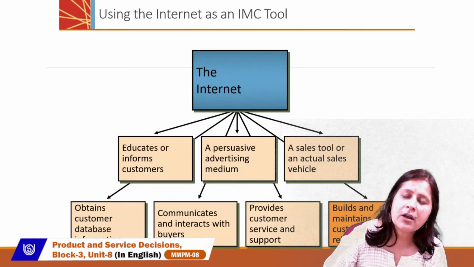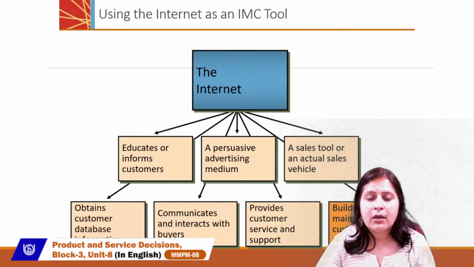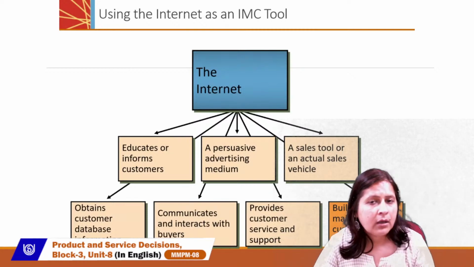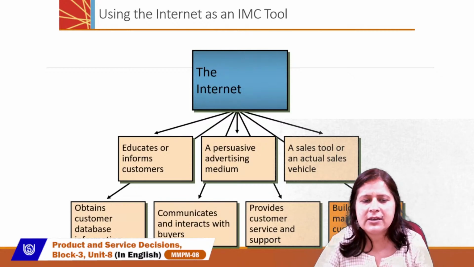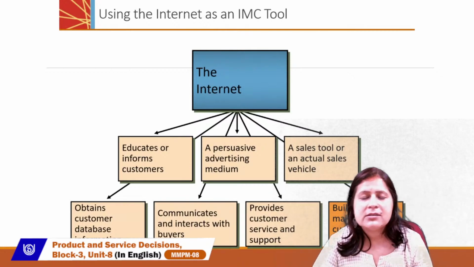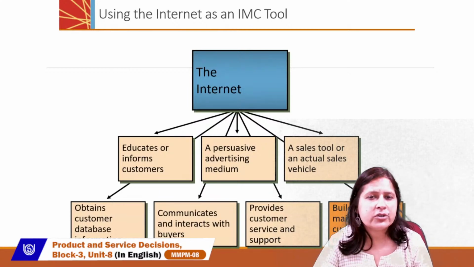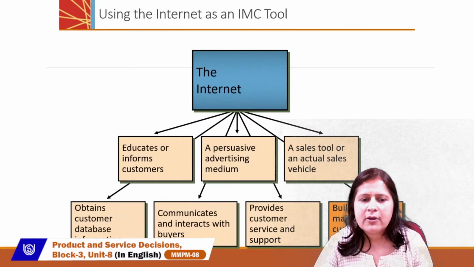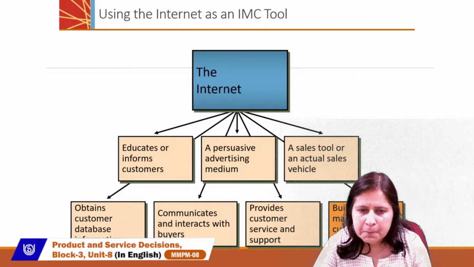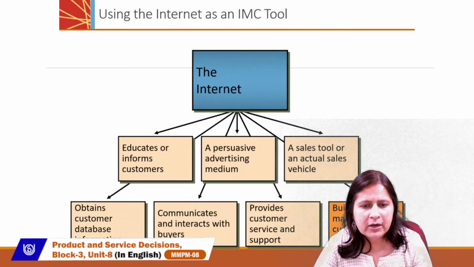Informing the consumer, because of the presence of cheap or free internet facility, right? The companies use this internet facility in their favor, and they use it to educate or inform the customer about their products.